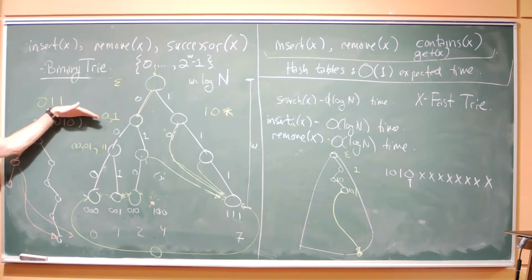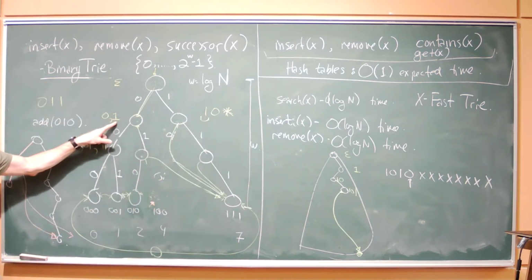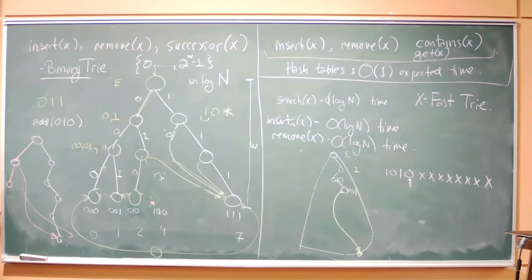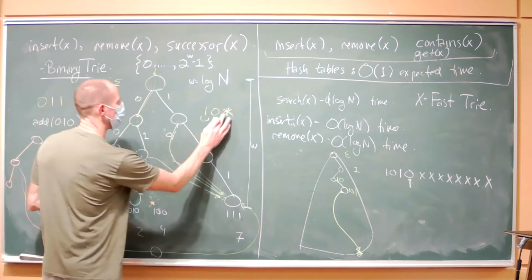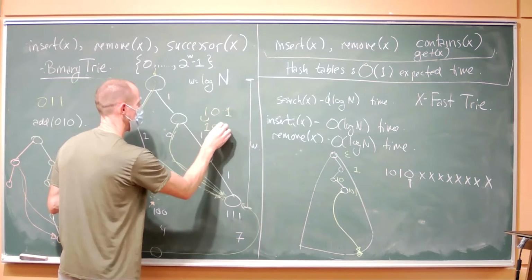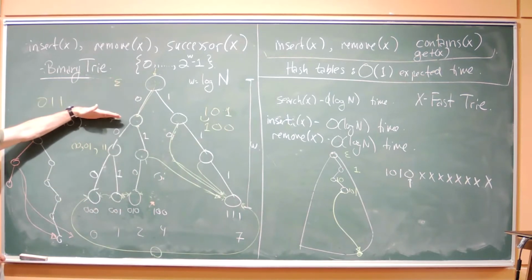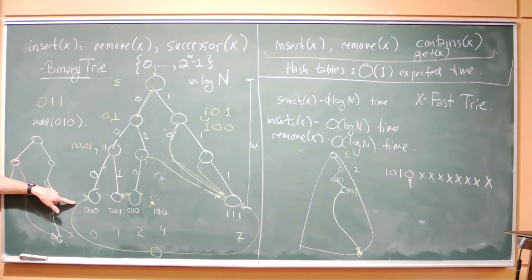I didn't fall out up here because 1 was in the set. And you never fall out up here, really. It doesn't matter what else I put here, 1, 0, 1 or 1, 0, 0, it doesn't matter which one I'm searching for. Because 1, 0 is not in this set, then 1, 0, 1 is not down here, and 1, 0, 0 is not down here.